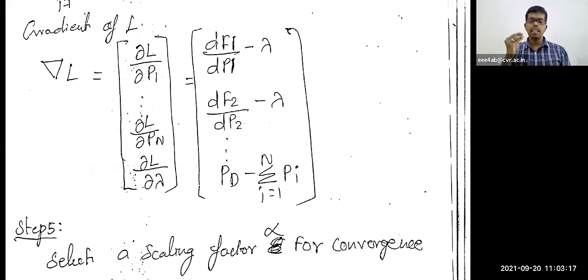Okay, if you program the same thing in MATLAB or Python, then within a number of seconds, say for example the lambda iteration method takes some 1 or 2 seconds for completing 10 iterations.